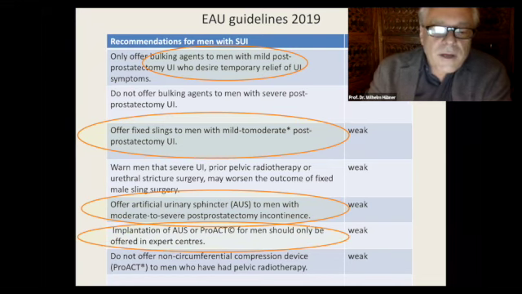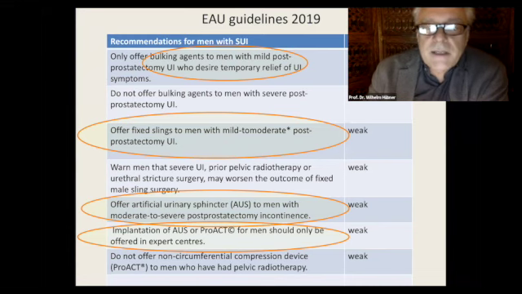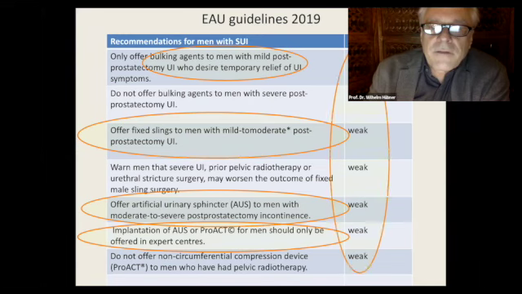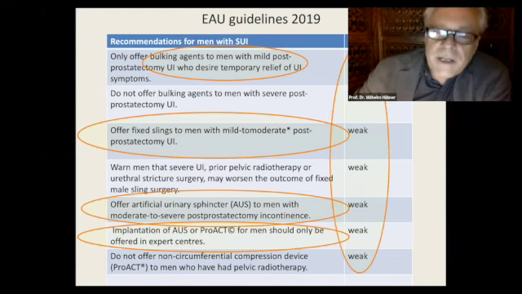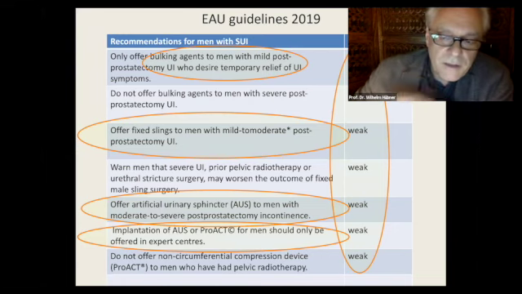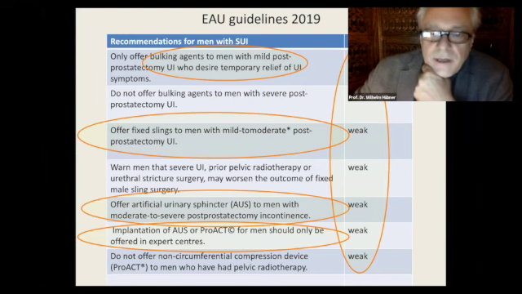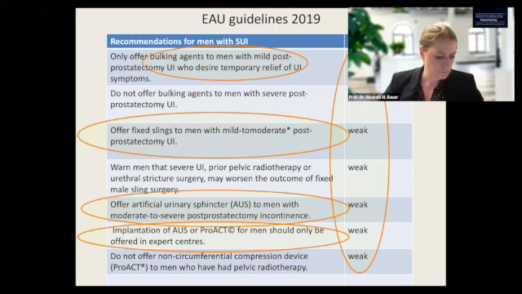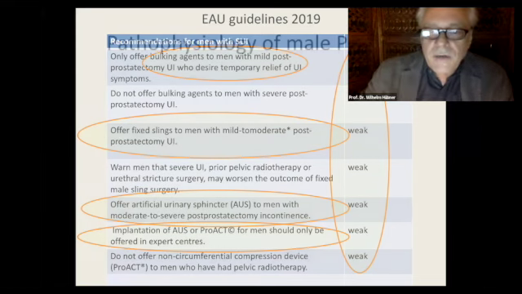If you implant an AUS or a ProACT, it should be in expert centers, but this still does not help us very much with the decision, and the grade of recommendation is pretty weak anyway. And the adjustable slings, which were in the first question discussion, are not even mentioned here. So what can we do?